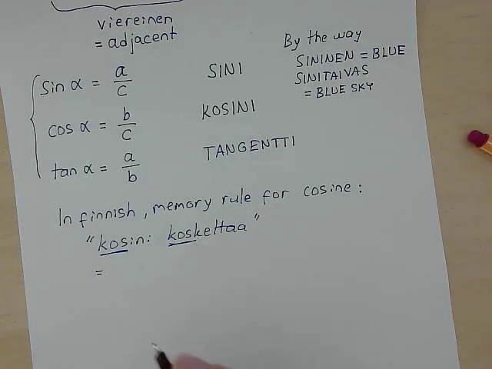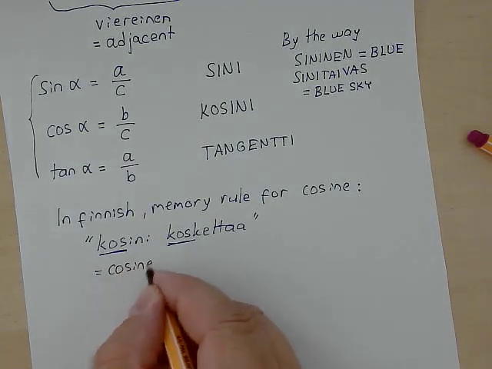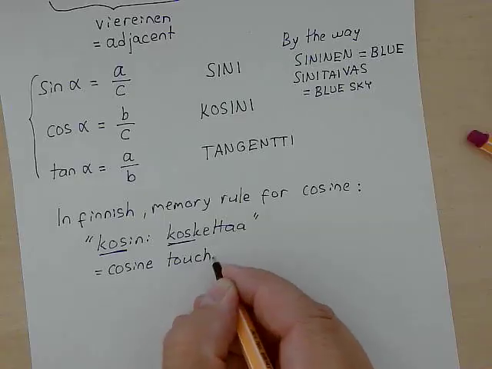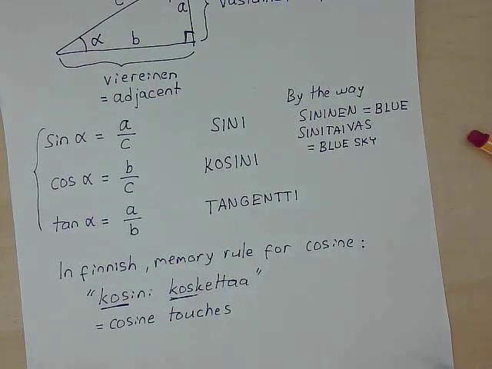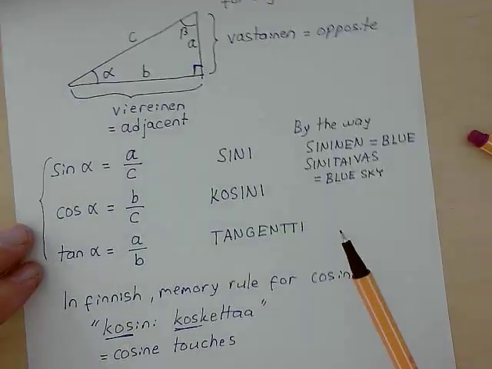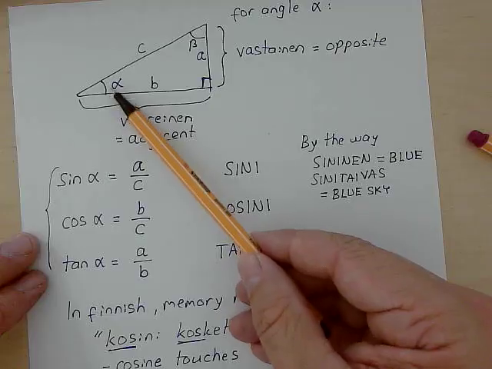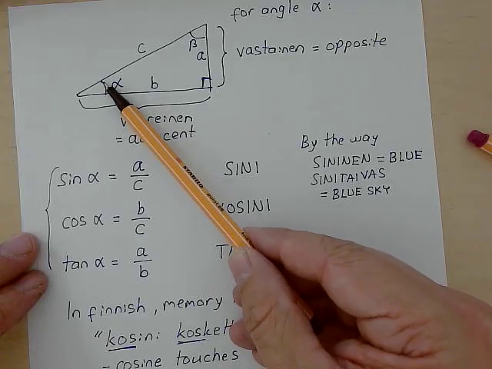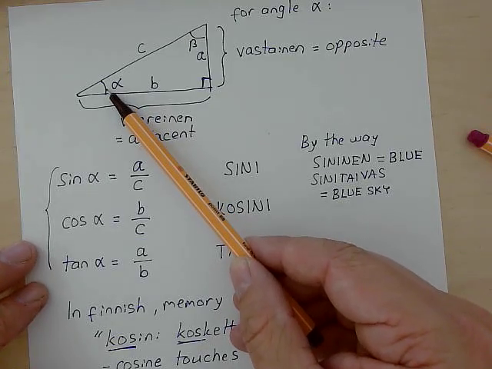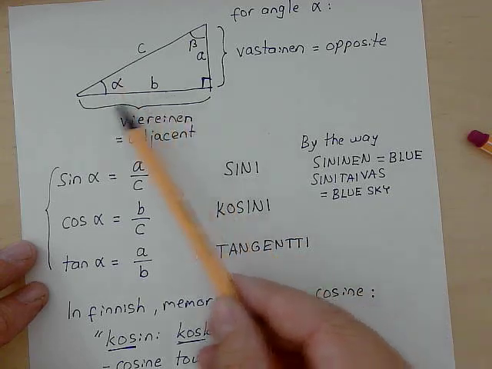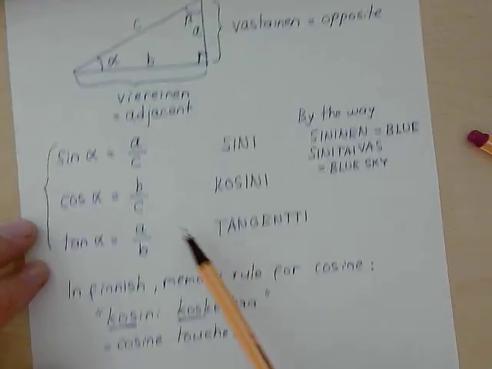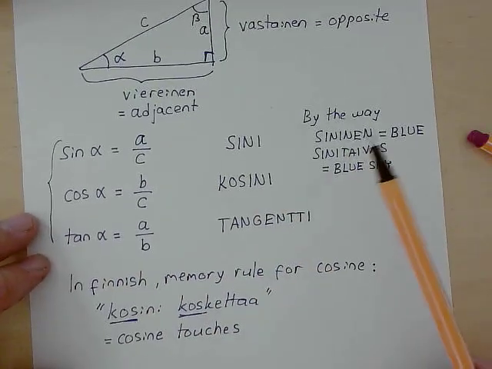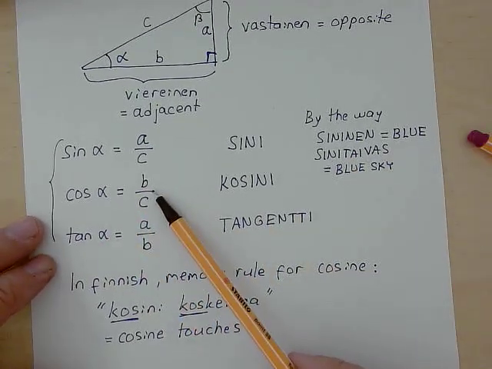So how does this help to remember? It means that if you use cosine, here we have alpha, so in cosine you use those sides of the triangle which are touching the alpha, B and C. So this helps many Finns to remember this rule.